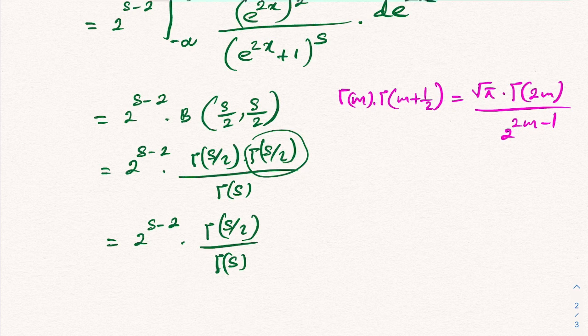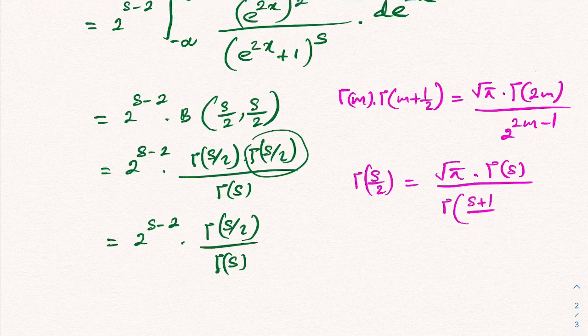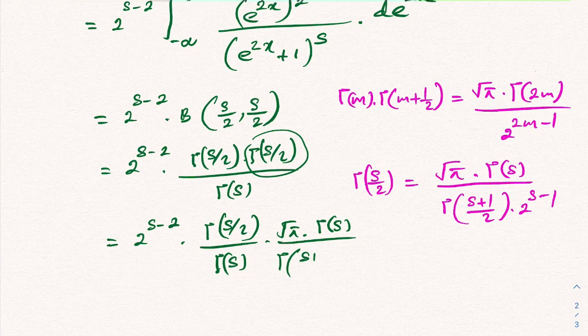Then instead of m, if we plug in s over 2, we have gamma of s over 2 is equal to square root of pi gamma of s over gamma of s plus 1 over 2, times 2 to the s minus 1. Okay, then we can plug in here square root of pi times gamma of s over gamma of s plus 1 over 2 times 2 to the s minus 1.